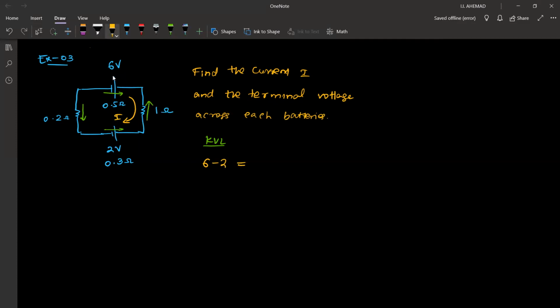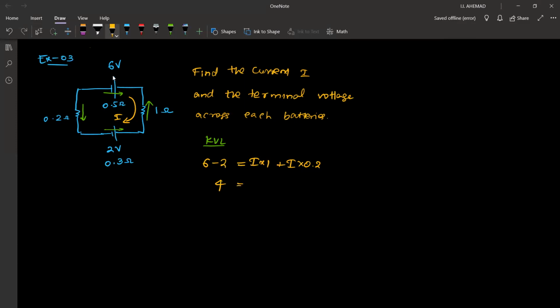Now let's equate the drops across resistors. Current is I and the resistance is 1 ohm, so I into 1 plus I into 0.2.